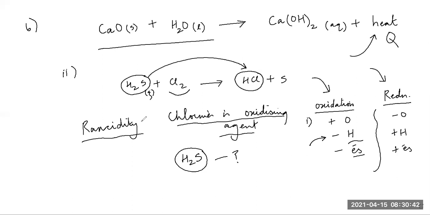Rancidity is the oxidation of fats and oils present in the food material. How can we prevent it? We can either put it in a container filled with nitrogen to prevent oxidation, or we can put it in an airtight container. All right, guys.